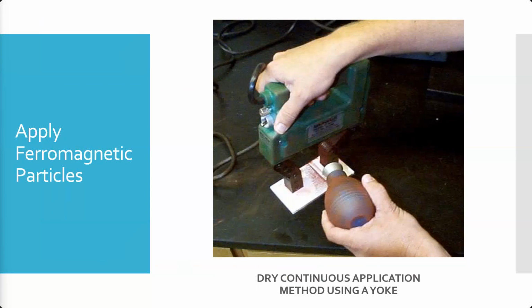You don't want to dump a ton of particles on there, because then those would hide discontinuities. You just want enough to follow those magnetic flux lines and show you if there's a discontinuity somewhere. So you use these little puffer balls to gently apply the particles, with a very light puff of air so it doesn't blow away the particles that are already there.